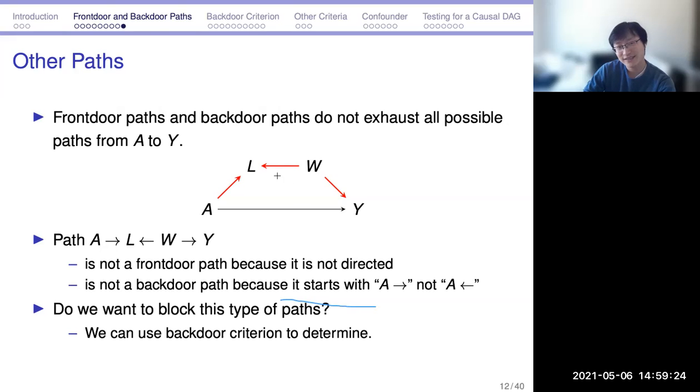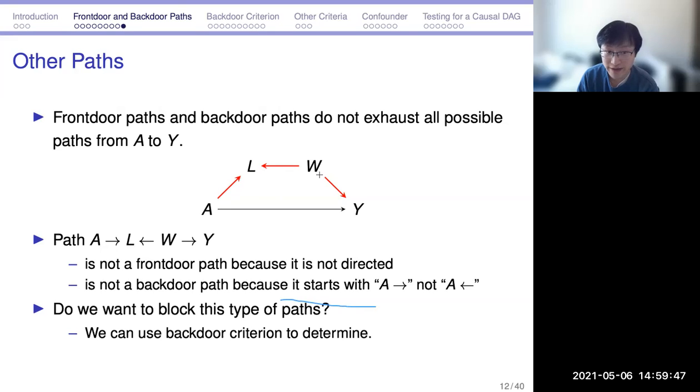Actually, this is almost the example that Roy gives if we have an arrow from L to Y. But anyway, for this situation, this is not a front door path or a back door path.